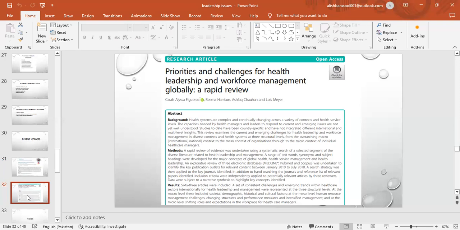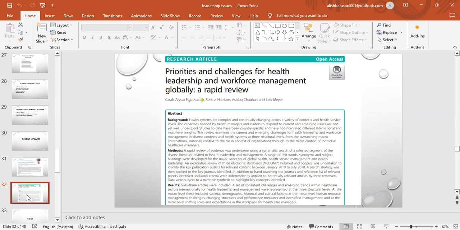An explorative review of the electronic databases was undertaken to identify the key publication outlets for relevant content. A search strategy was then applied to the key journals identified, in addition to hand searching the journals and reference lists of the relevant papers identified. Inclusion criteria were independently applied to potentially relevant articles by 3 reviewers. Data were subject to a narrative synthesis to highlight key concepts identified.